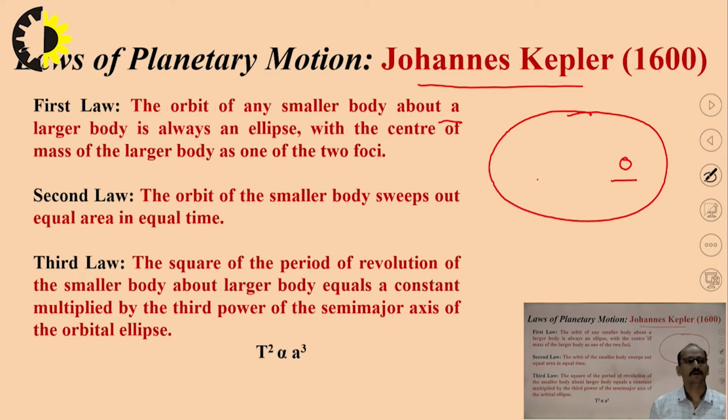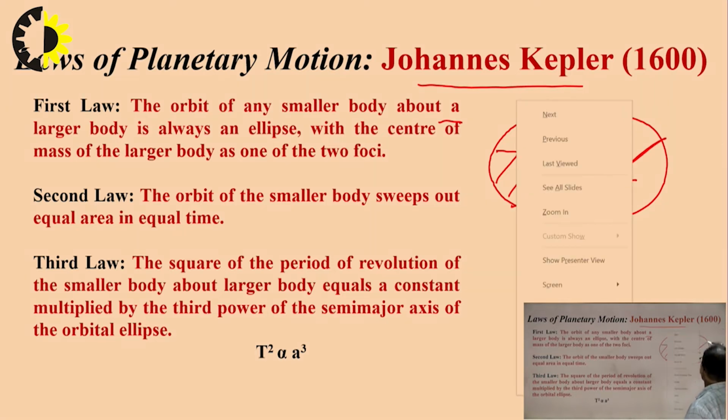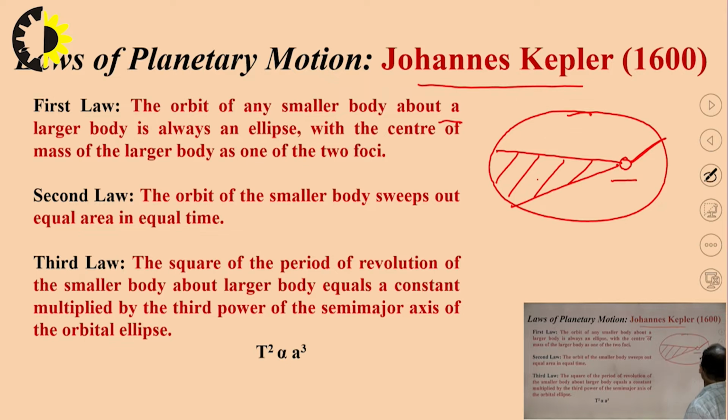The second law is about the law of area. Basically this says that the orbit of the smaller body sweeps out equal area in equal time. Means if in time t the satellite covers this much area, then in the same time t in another part of the orbit it will also cover the same area.